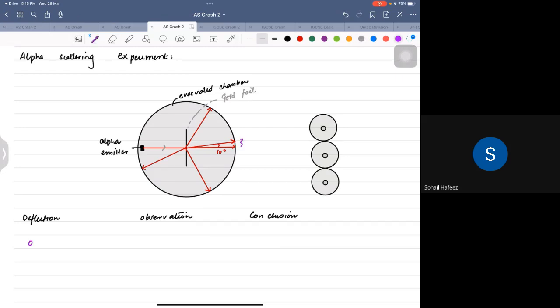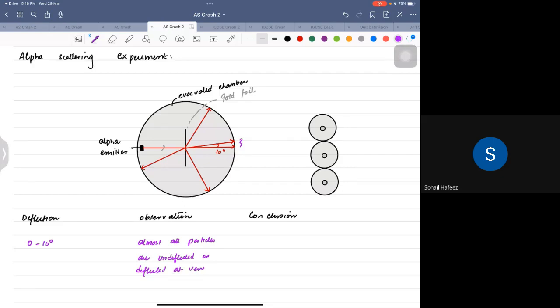This is when the deflection is from 0 to 10 degrees, and the observation about this is that almost all the alpha particles are undeflected or deflected at very small angles.